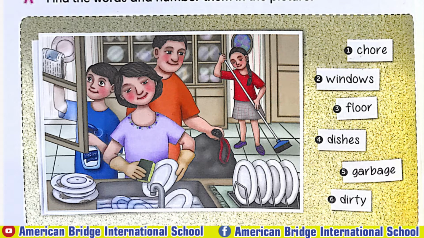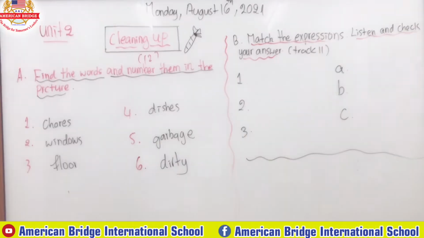And we have the word garbage. What does it mean? It's rubbish or waste that you have at home or at other places. And we have the word dirty. It means it's not clean, not comfortable enough. So we have these 6 words.